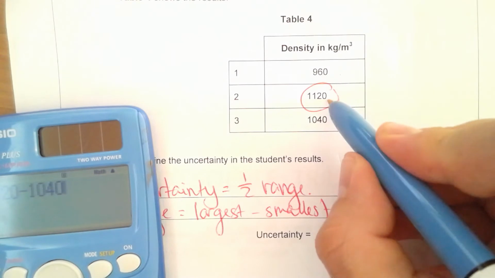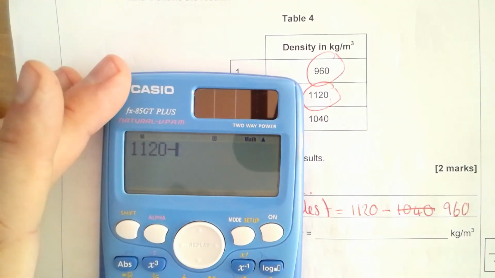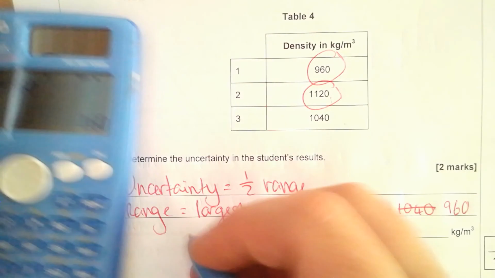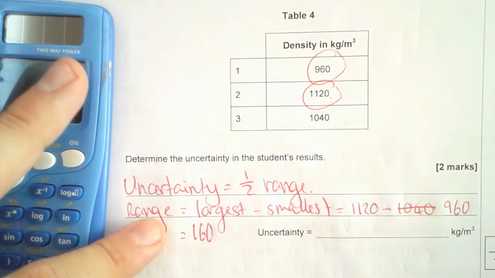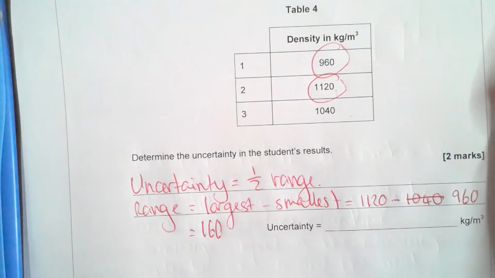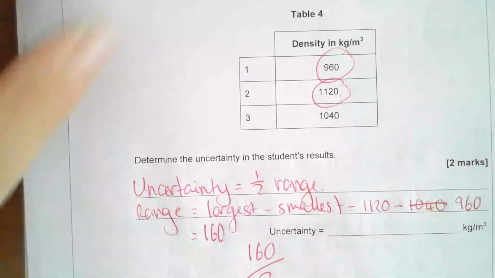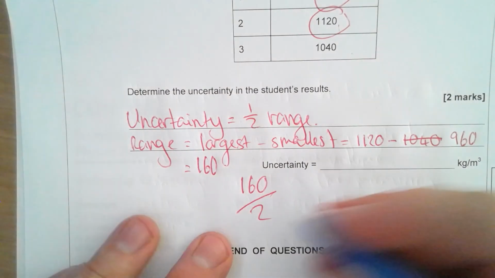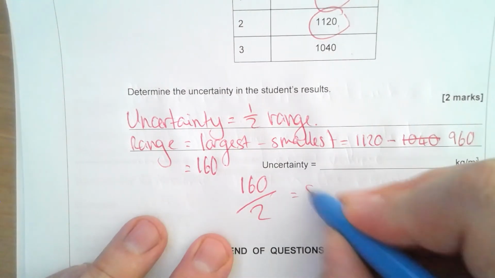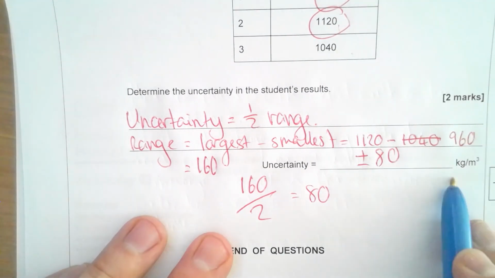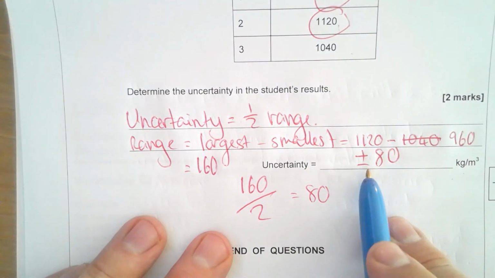So that's our largest, that's our smallest. 160. So the range is 160. So we have to divide that by 2, and that will give us our uncertainty. So in this instance, the uncertainty is 80 kilograms per meter cubed, so plus or minus 80.